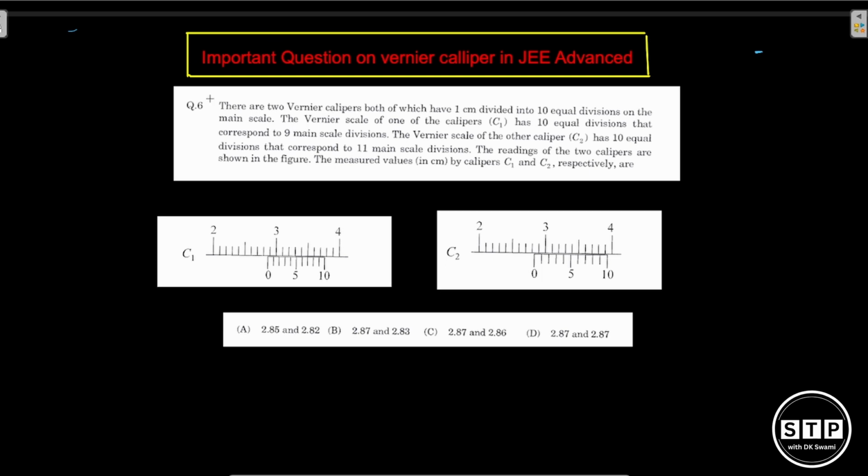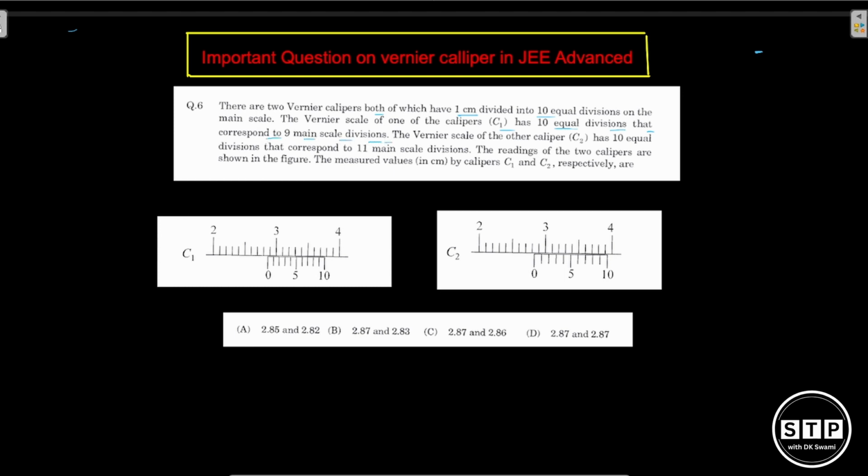It is given that there are two vernier calipers, both of which have 1 centimeter divided into 10 equal divisions. From here we will calculate the MSD, main scale division. The vernier scale of one of the calipers, C1, has 10 equal divisions that correspond to 9 main scale divisions.